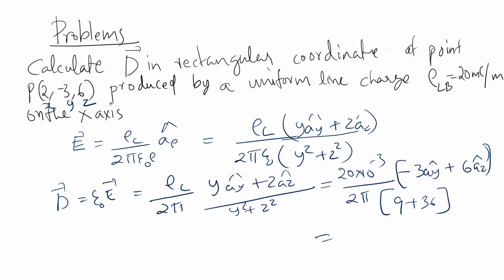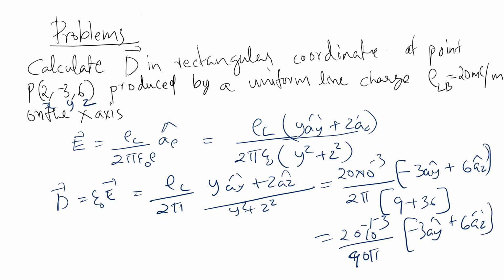So 20 into 10 raised to minus 3 divided by 90 pi into (minus 3 ay cap plus 6 az cap), which will give you the final value. If you simplify this one, you will get minus 212 ay cap plus 424 az cap micro coulomb per meter square.